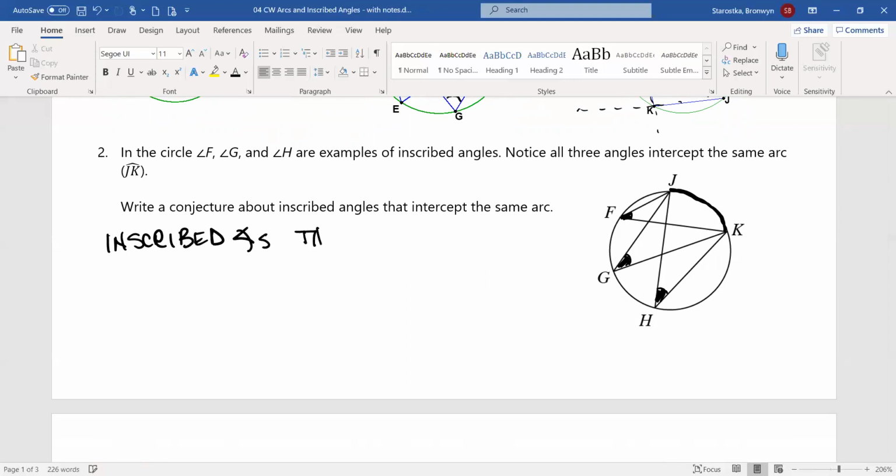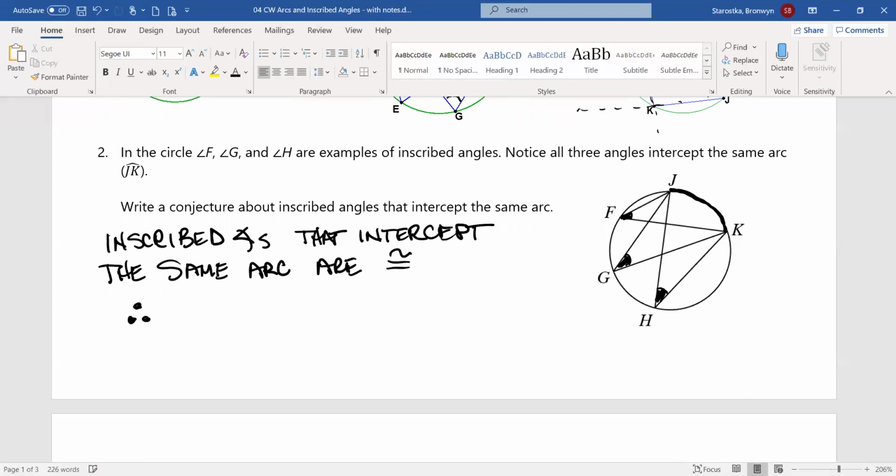Inscribed angles that intercept the same arc are congruent.